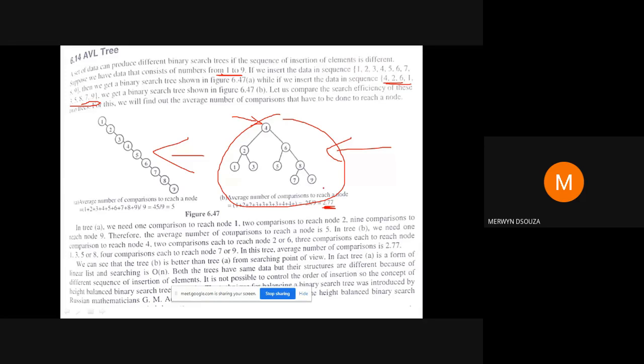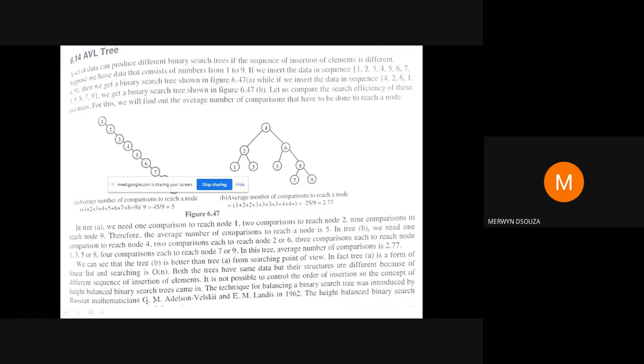So that's why some mathematicians, the names are given here at the bottom of the slide, these two Russian mathematicians, G.M. Adelson-Welsky and E.M. Landis, in 1962 discovered this property: if you control the height of the binary search tree, it becomes more efficient for searching or for inserting the data.